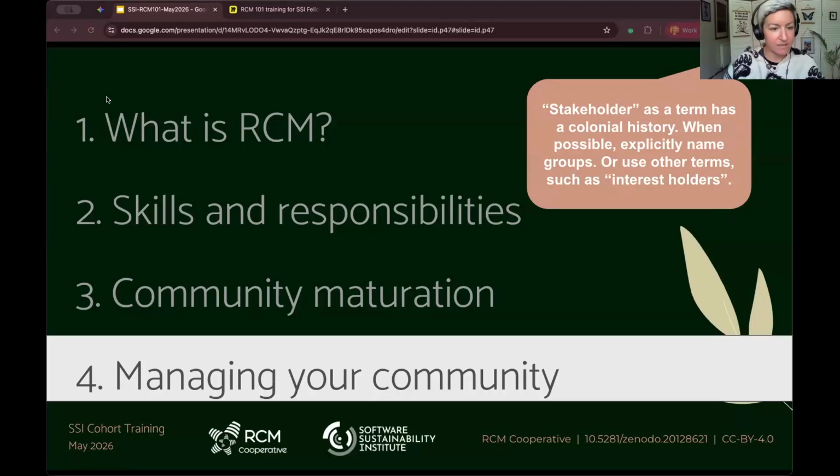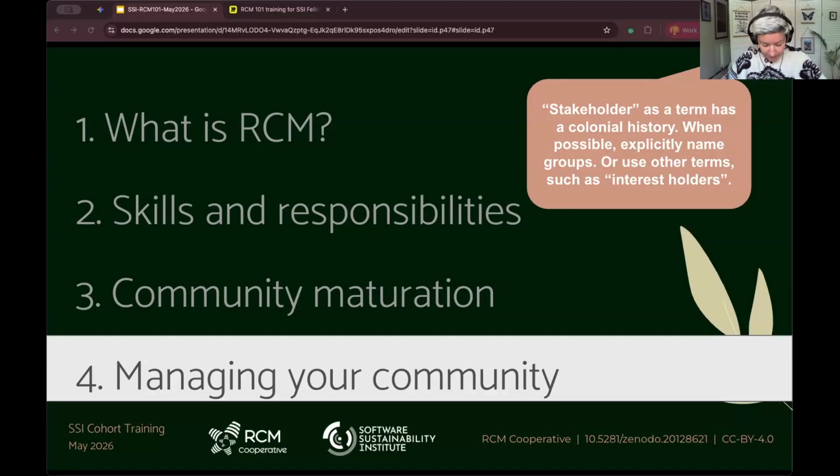The first point is that we've mentioned stakeholder mapping, but as a term, stakeholder is colonial. There's a history associated with physically claiming land by putting a stake in the land, and because of its colonial history, we're trying to move away from the use of that term broadly.